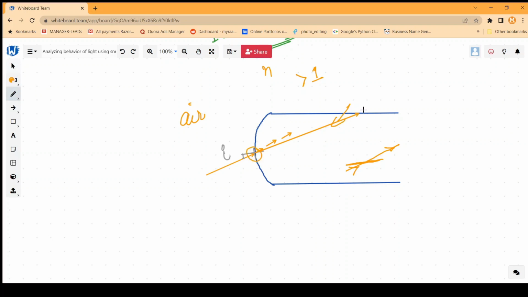Then we are going to apply Snell's law at point number 2. So whenever there's a change of medium, we can apply Snell's law. We can always apply Snell's law at the point of incidence at the interface, and it will be valid. So we are able to predict that quite easily.